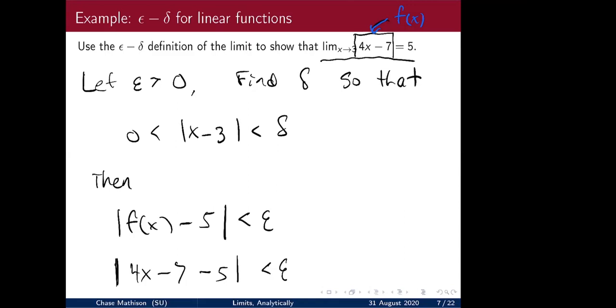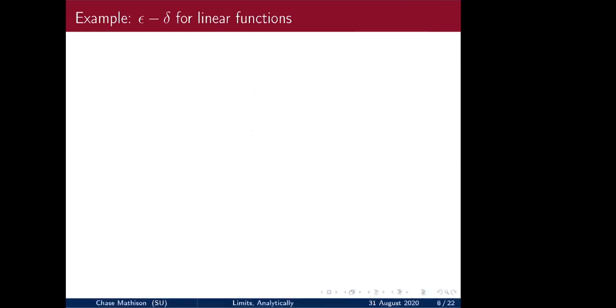Well, what does that left-hand side simplify to? Yeah, exactly. It's just an arithmetic problem, right? So that's the same thing as absolute value of 4x minus 12 less than epsilon. If I can show this for a given delta, then I'm good.